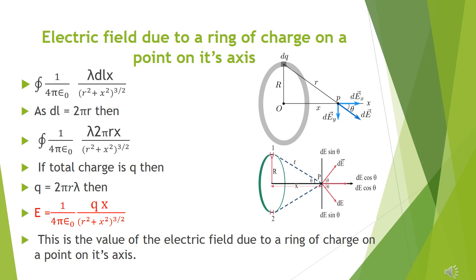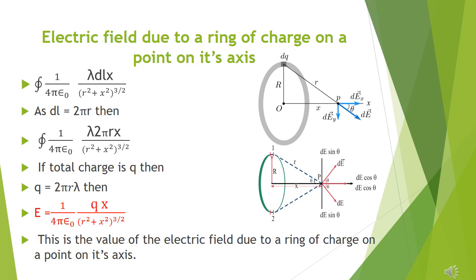Now the integral of dl equals 2 pi r, which is the circumference of the circle. So the closed integral becomes 1 upon 4 pi epsilon naught lambda 2 pi r x upon r square plus x square to the power 3 by 2.